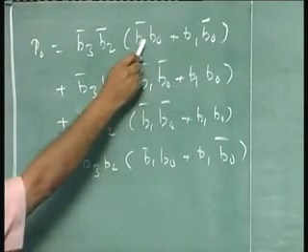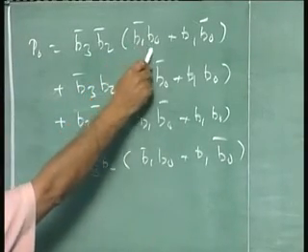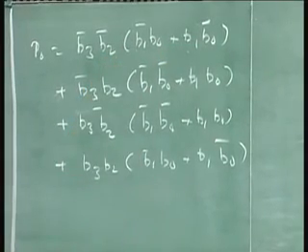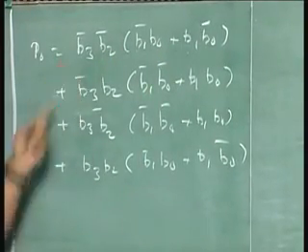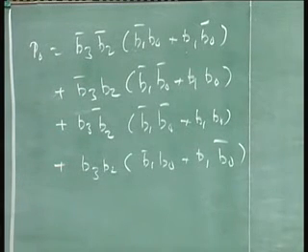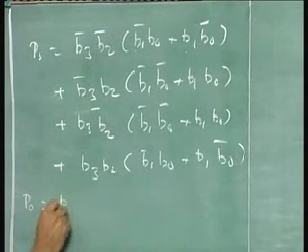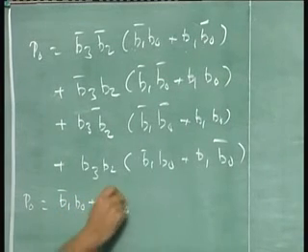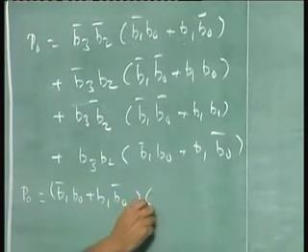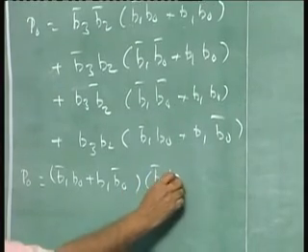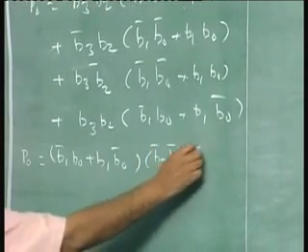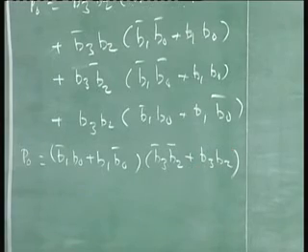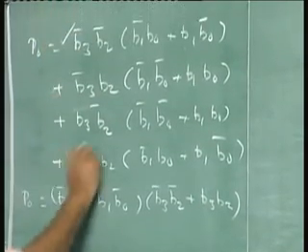Now, this is common to these two. B1 bar, B0 bar plus B1, B0, which is exclusive NOR of B1 and B0, is common to these 2 terms. So I can take it out and say B1 bar, B0 bar or B1, B0 times B3 bar, B2 or B3, B2. Correct? This is combining this and this.